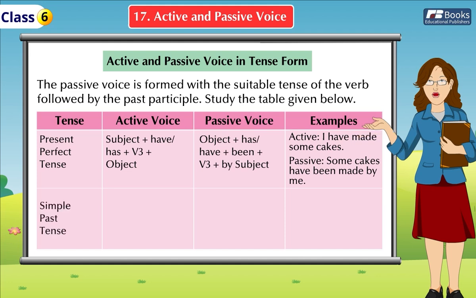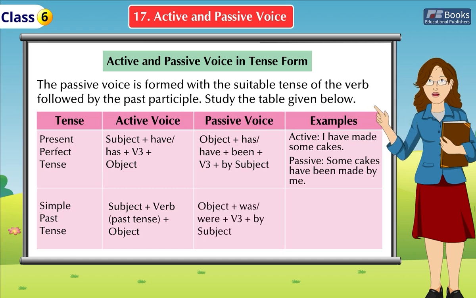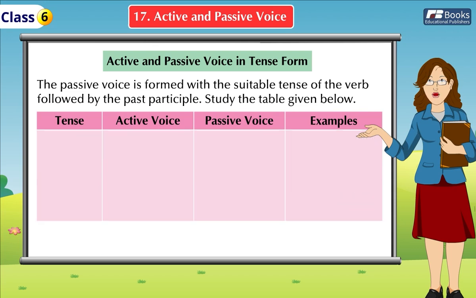Tense: simple past tense. Active voice: subject plus verb past tense plus object. Passive voice: object plus was, were plus verb third form plus by subject. Examples. Active: Preeti stole my clothes. Passive: My clothes were stolen by Preeti. Tense: past continuous tense.